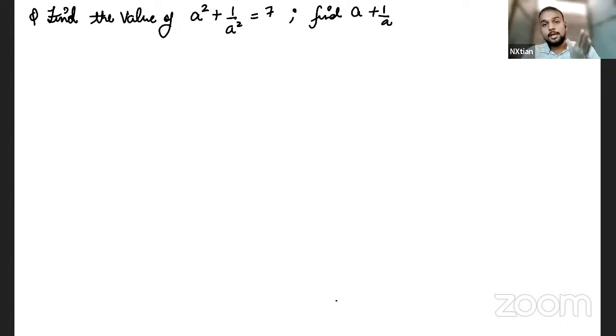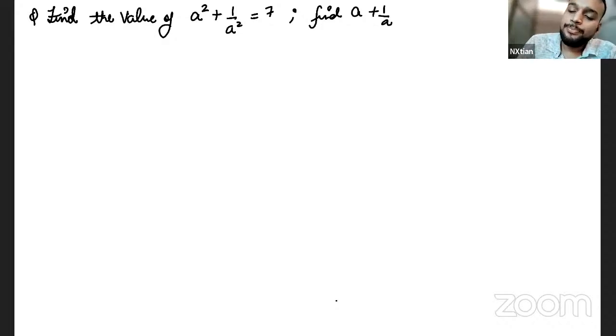Before, the value of a plus 1 upon a was given, and we had to find the value of this. Now this is given, and we have to find the value of this. That's why I'm saying pay attention. Don't write anything in your note. Now, how will you solve this?